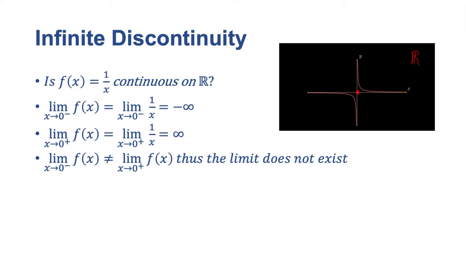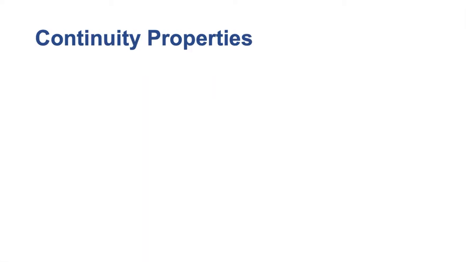But if I was saying, is f of x equals 1 over x continuous on its own domain, and its own domain is just the real numbers if x does not equal 0, that means that it is continuous because 0 isn't defined. So 0 isn't part of the domain, so this function is continuous on its domain. So that's infinite discontinuities.